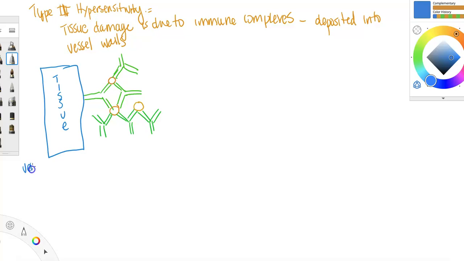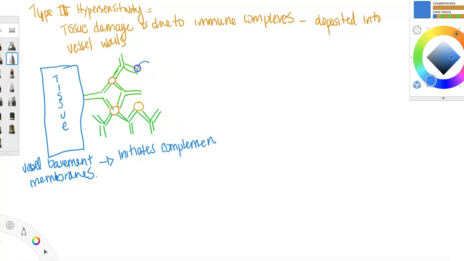So this vessel basement membranes. So when that occurs, it basically initiates complement. So it initiates complement.